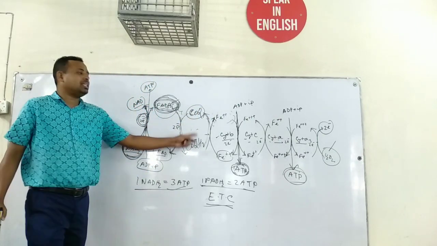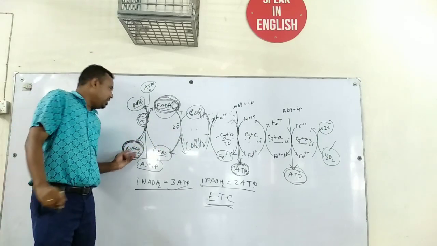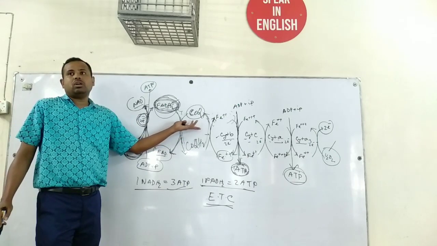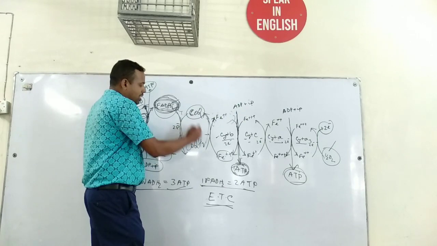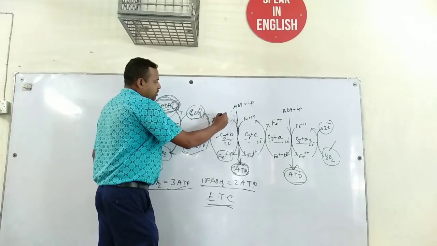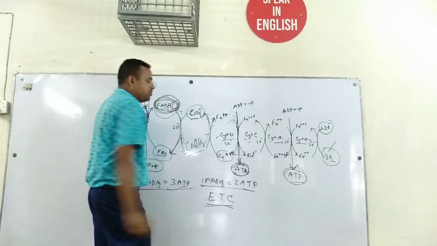Coenzyme Q, called ubiquinone, is another electron transporter, a vector. Using coenzyme Q and QH2, which are reduced and non-reduced forms, and then ferrous and ferric, look, 2 plus and 3 plus.